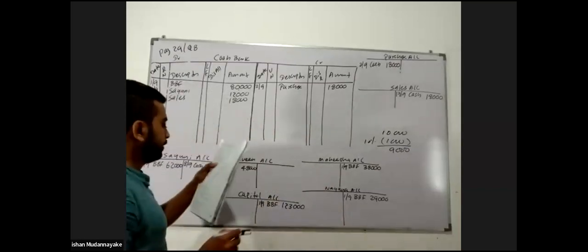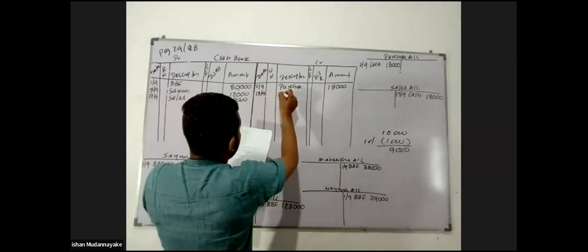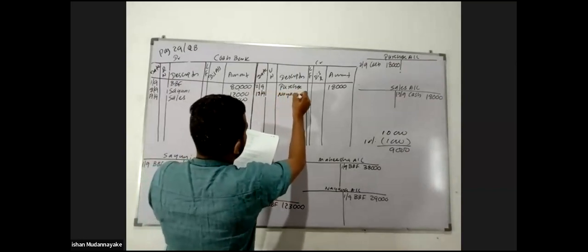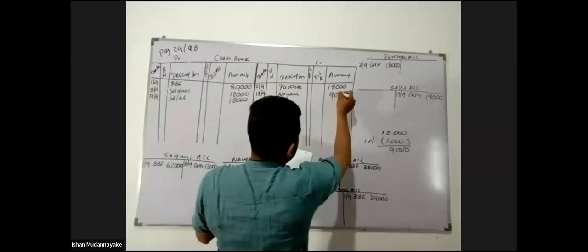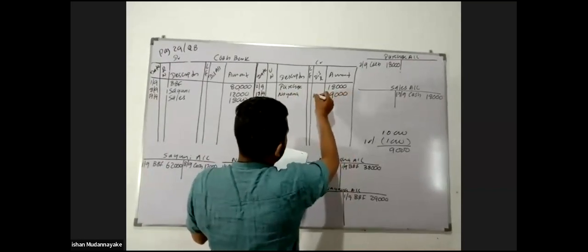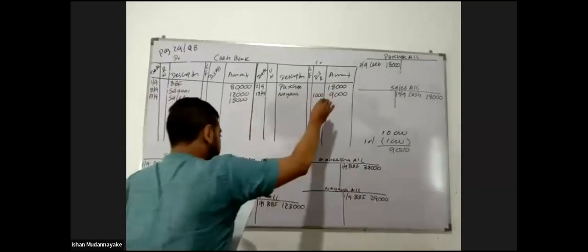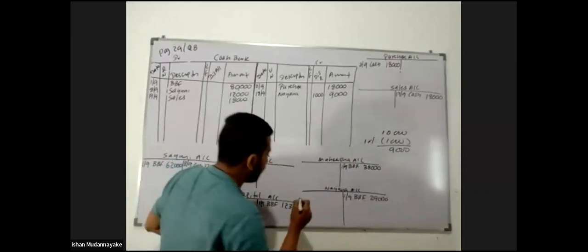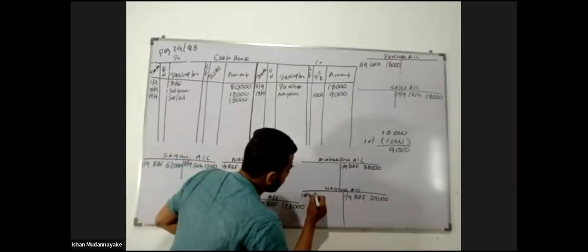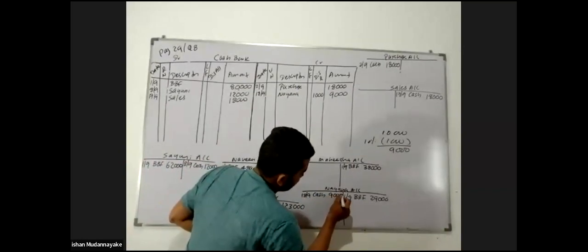Then here, 18 September, Naina, cash paid amount 9,000. Discount received amount from Naina 1,000. Cash book credit, Naina account debit. Payable to Naina debit. 18 September, cash 9,000.